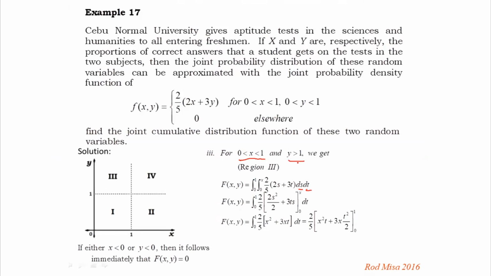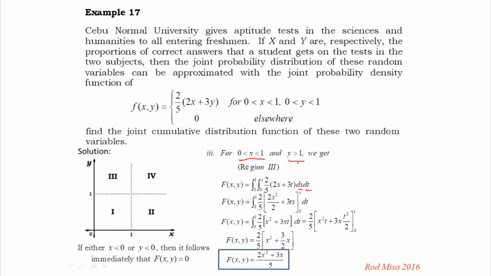So, evaluating this expression from the limits of integration, we have x squared plus 3/2 x. And distributing this constant of 2/5 to this binomial, we have our cumulative distribution function of 2x squared plus 3x all over 5. And this is our joint cumulative distribution function of region 3.